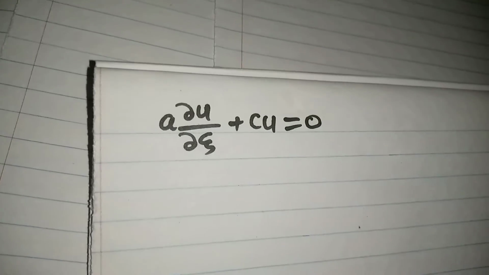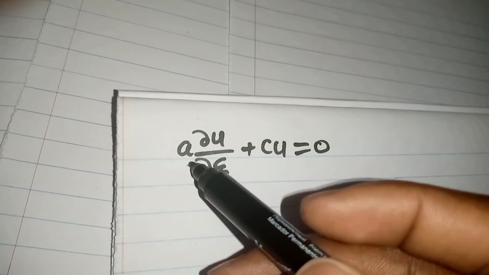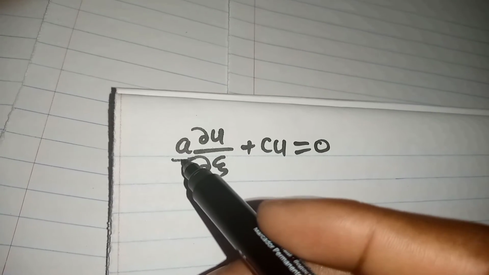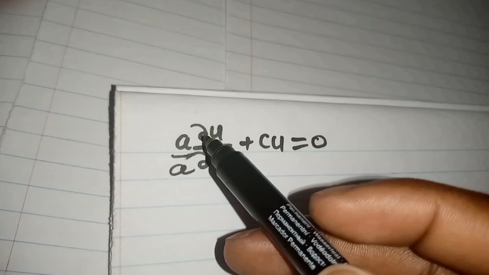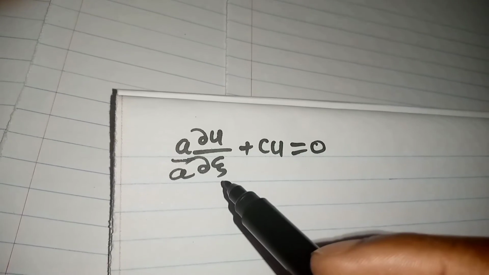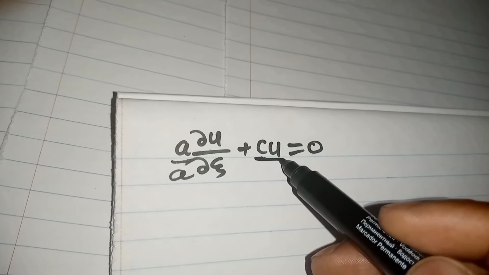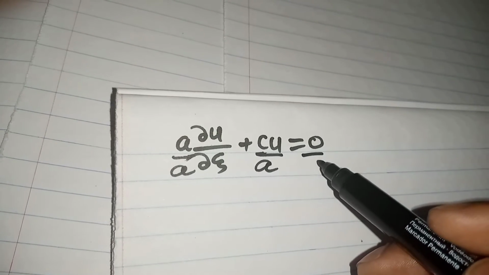From there, we are going to divide both sides by a so that the coefficient of the partial of u with respect to xi is 1. So we divide here by a, and here by a.